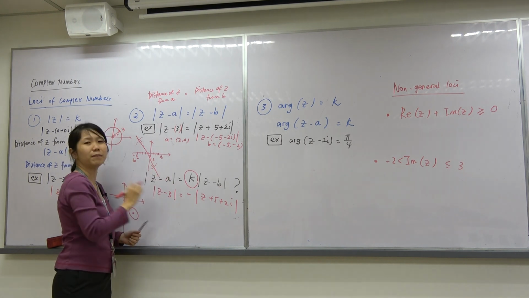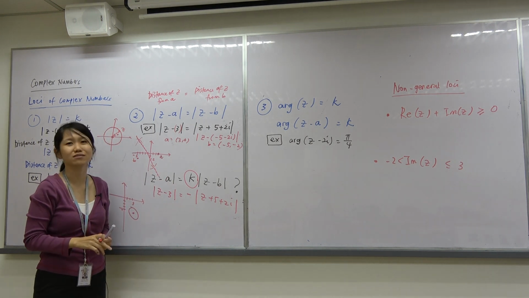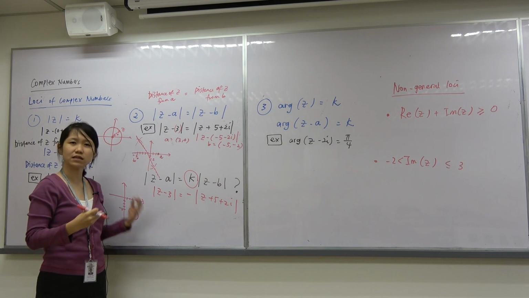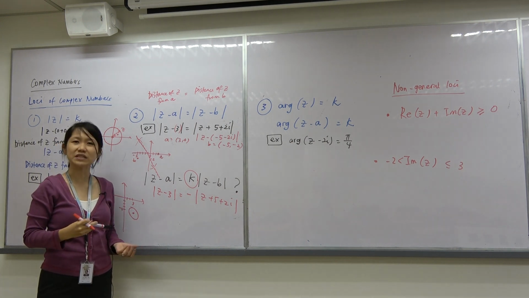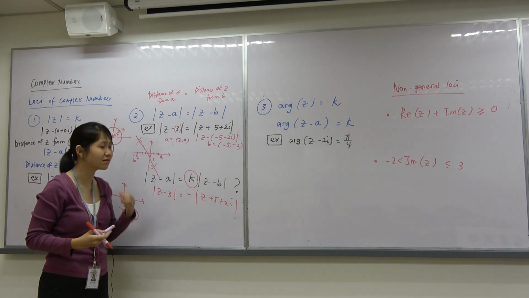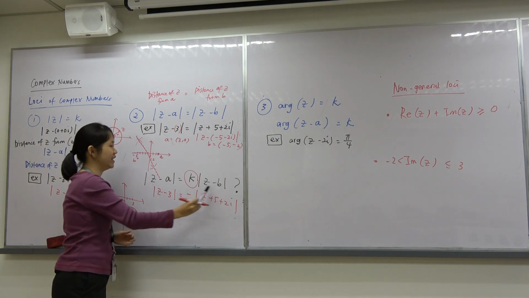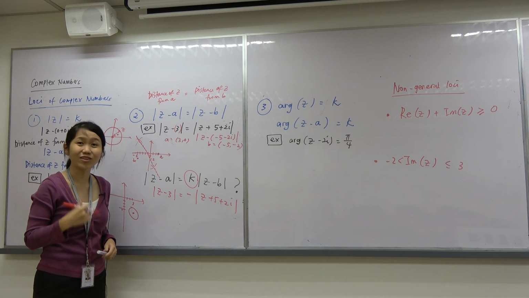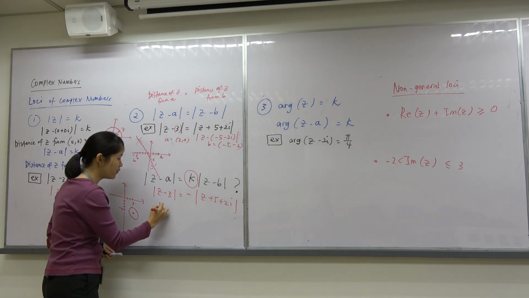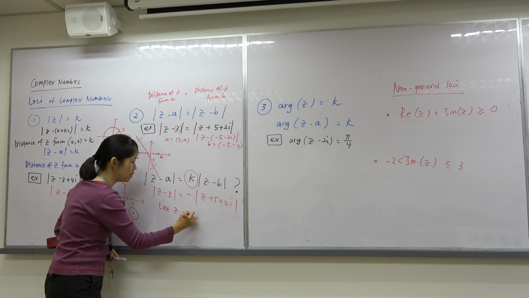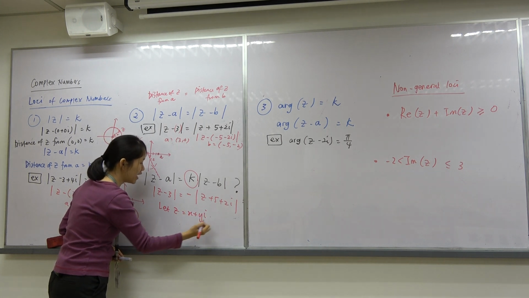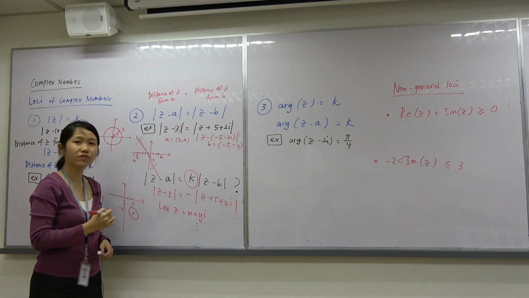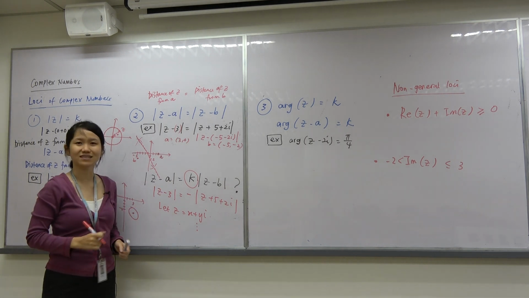The moment you see a form like that, that is when you will get a circle, right? So how do I tell the center of this circle, and how do I tell the radius of this circle? You will have to convert this form into Cartesian form. You need to let your z be x plus yi, and you work towards getting a Cartesian form, and that is when you will see this is a circle.